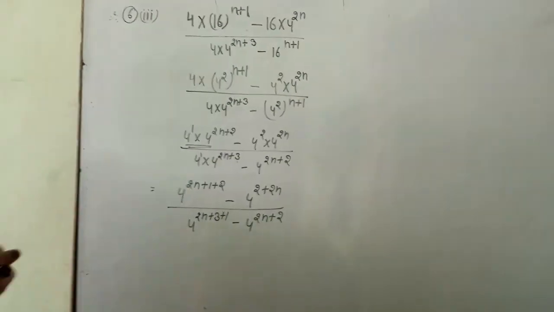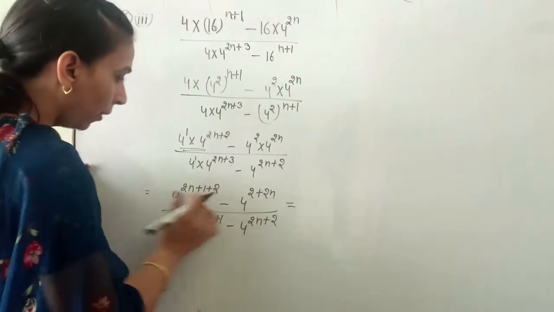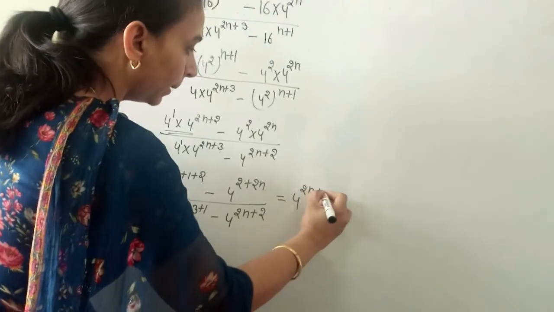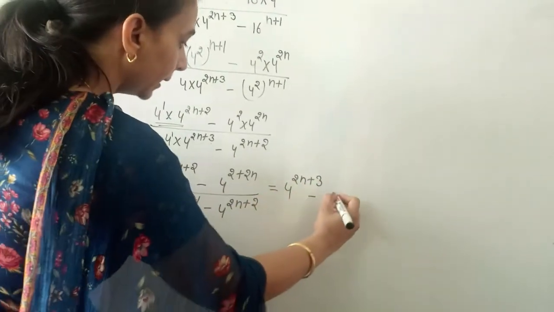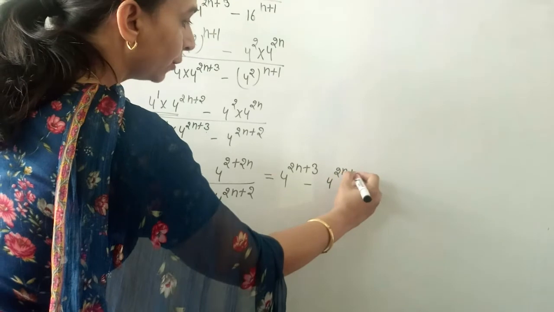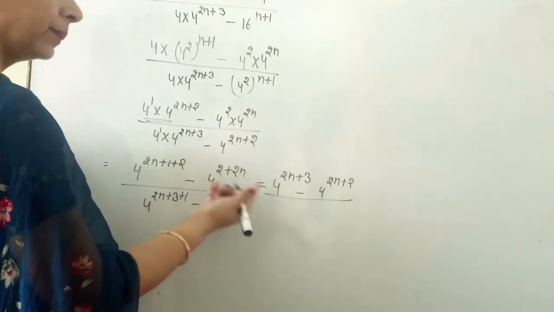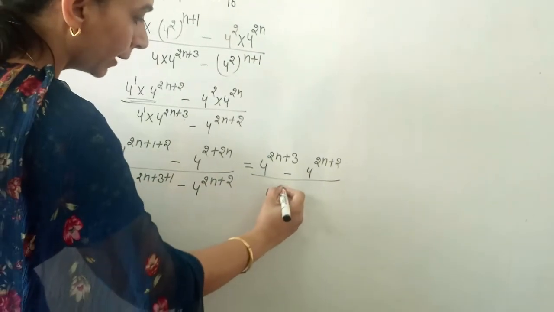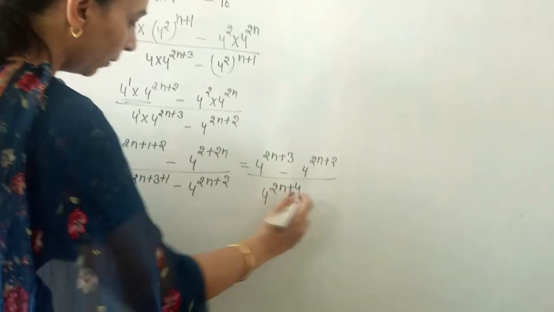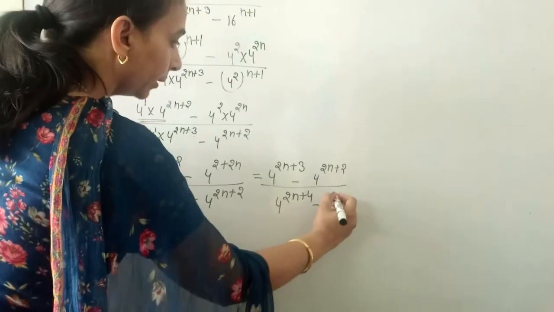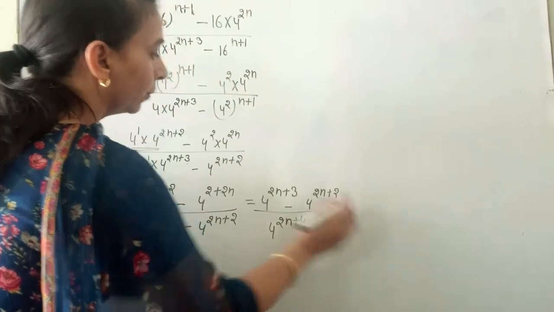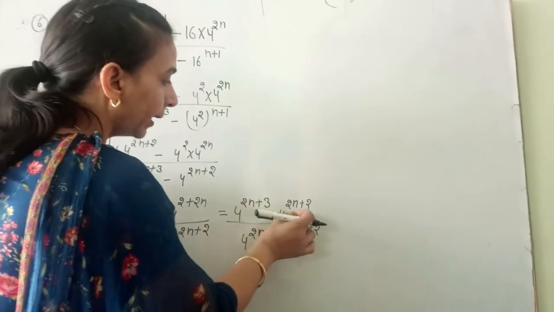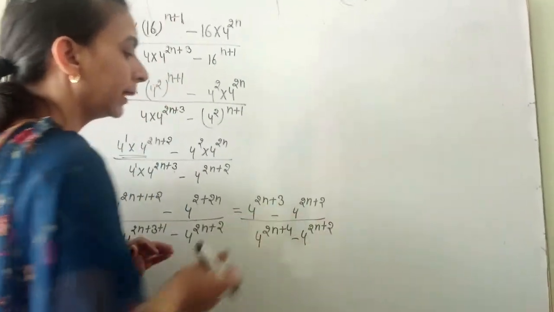Okay student. Then this equals 4 raised to the power 2n+3 minus 4 raised to the power 2n+2, no problem. Then 4 raised to the power 2n+4 minus 4 raised to the power 2n+2. Okay. Now student, the powers are 2n+3, 2n+2, 2n+4, 2n+3.